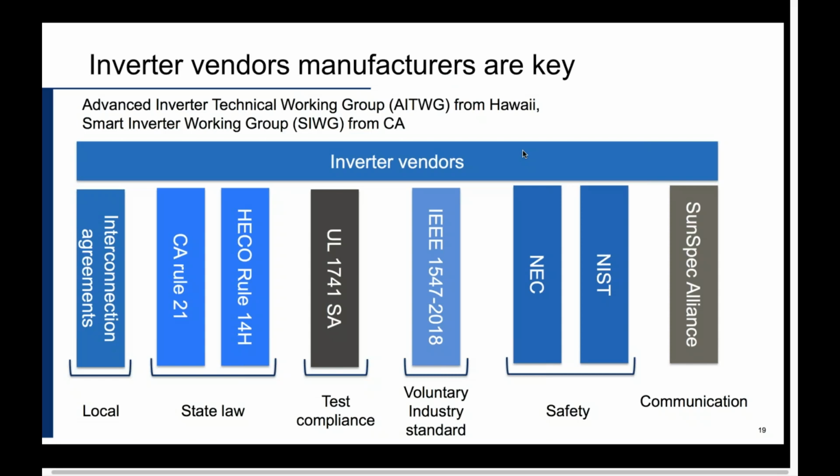And in order to make all these devices work a particular way, inverter vendors should be in tandem with all these verticals that are listed here, such as local state rules, UL, which is for performance standards, voluntary organizations such as IEEE, NEC, NIST, and SunSpec, which is for communication, which is particular to the USA here, but this is a particular example of how many organizations or institutions inverter organizations should work with.